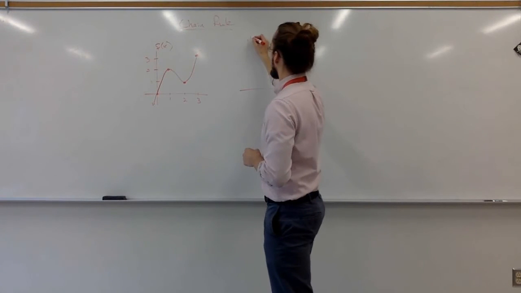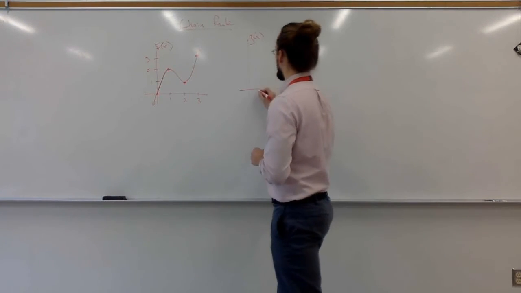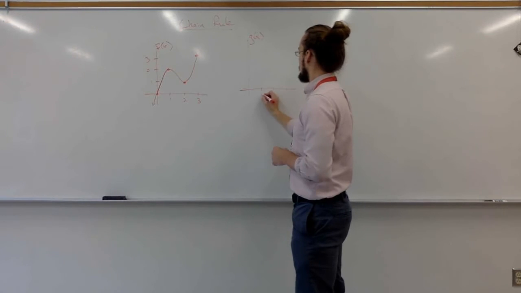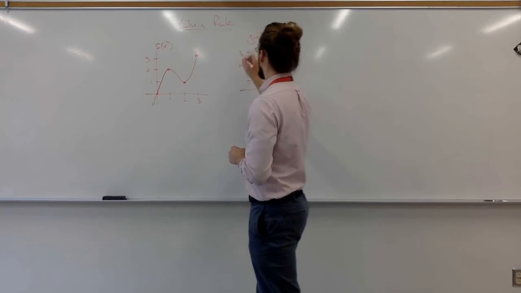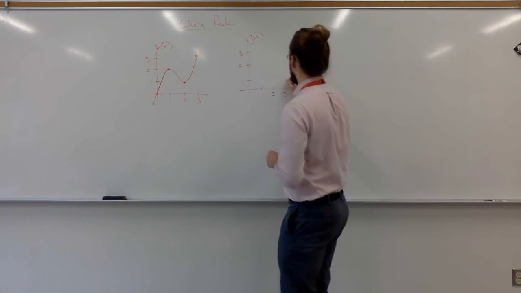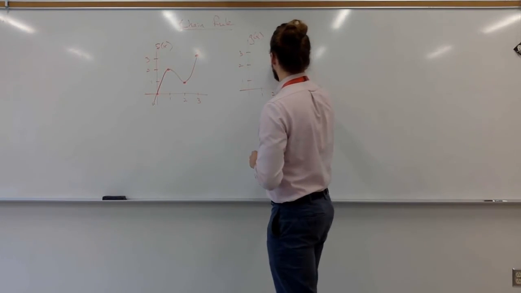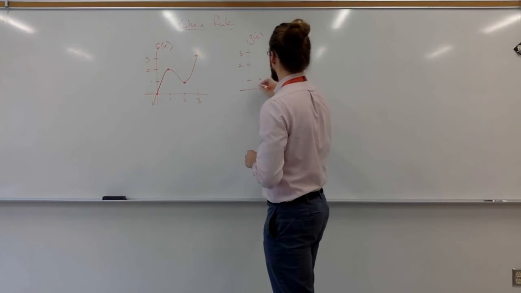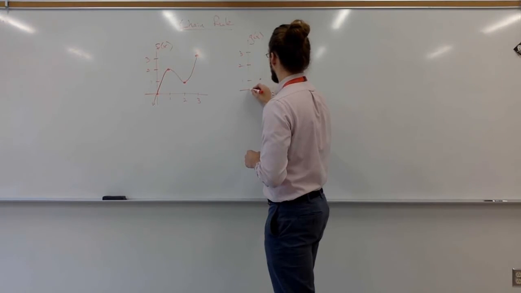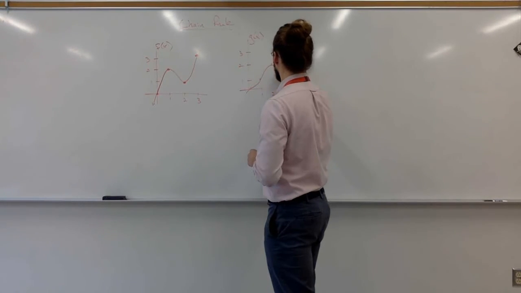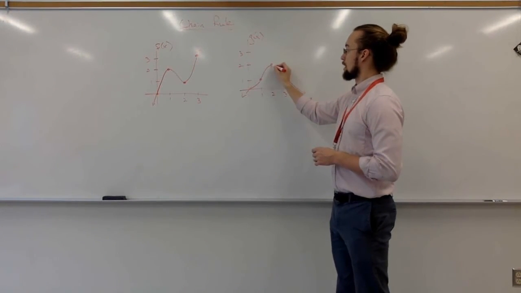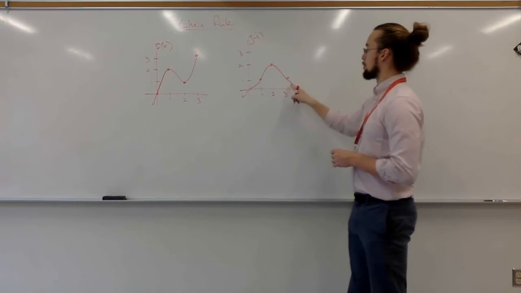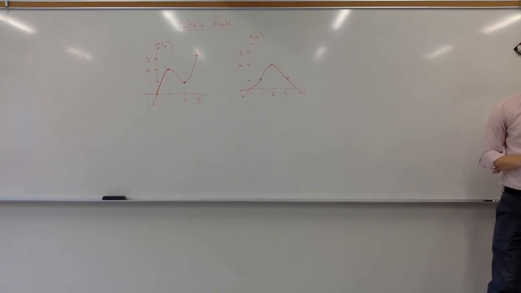And let's say we've got another function, g of x, that does something like that. Where again, these are exact coordinate points: 1, 1, 2, 2, and 3, 1.